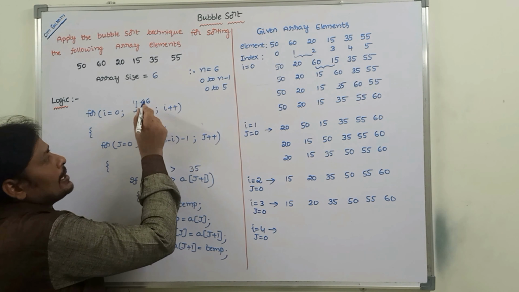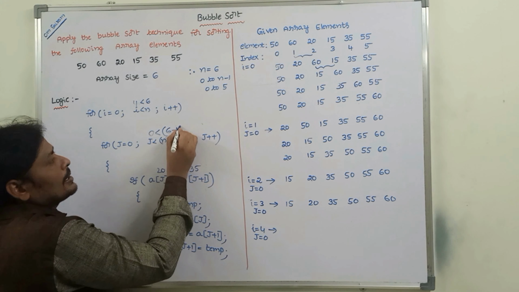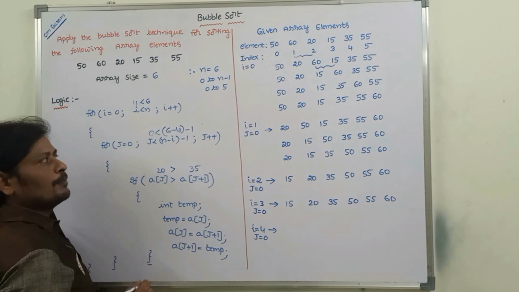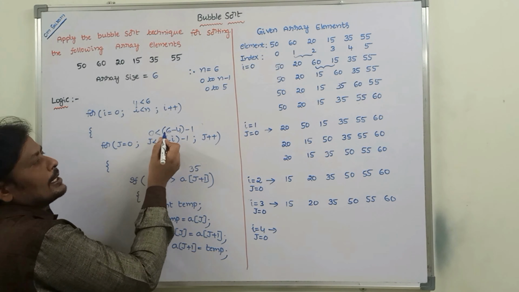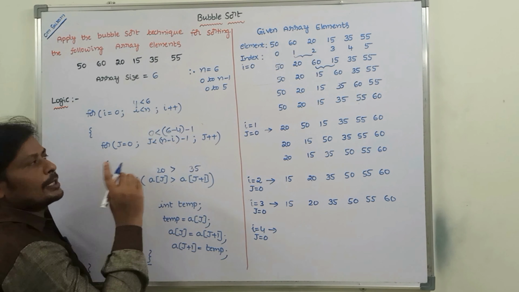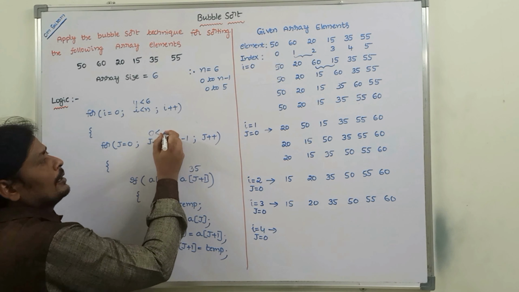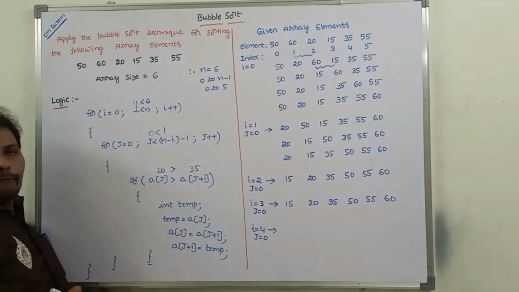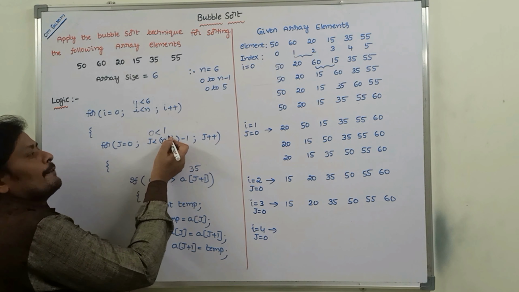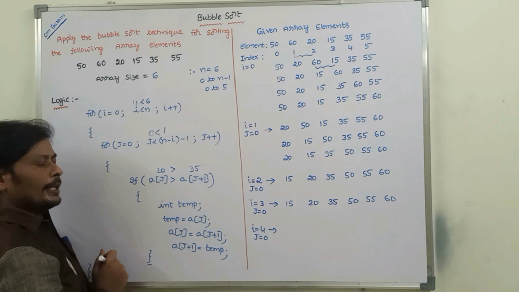N value is 6, 6 minus i value 4, 6 minus 4 minus 1. So 6 minus 4 is 2, 2 minus 1, that is 1. So this entire value becomes 1. 0 less than 1, condition true. If the condition is true, then the control goes to the body of the inner for loop.